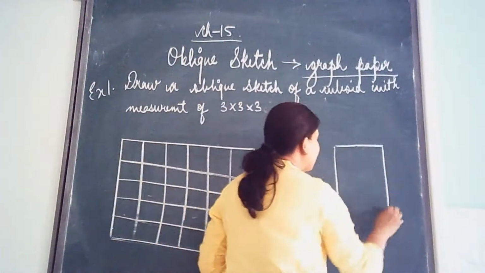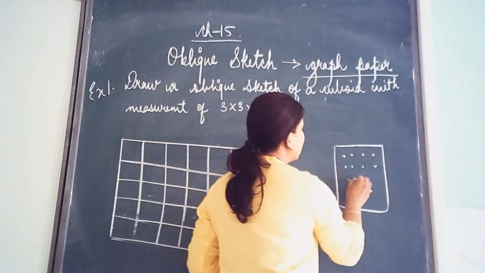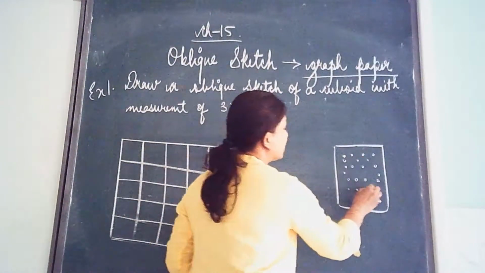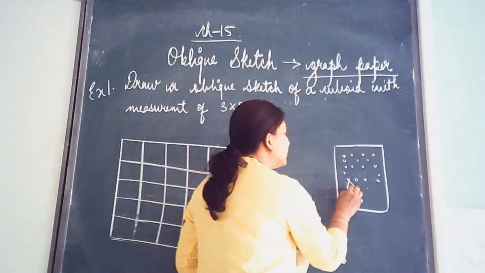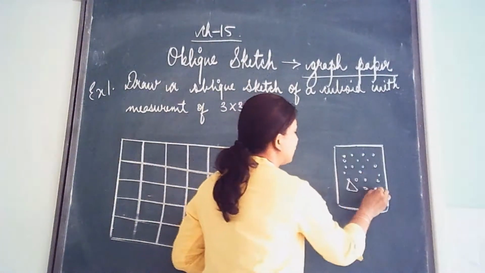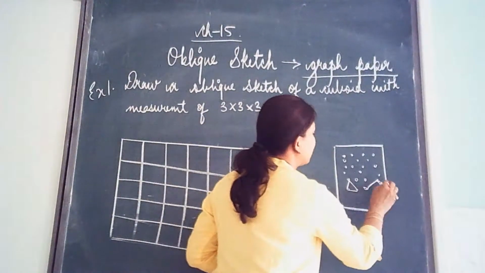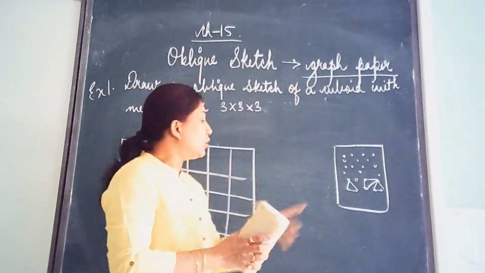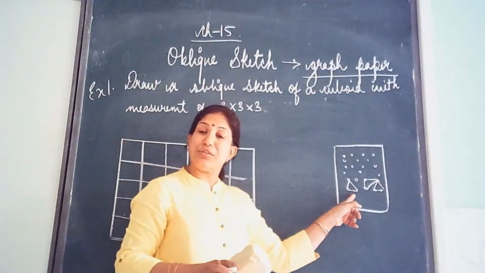It is something like this. You go to the stationery shop and you will see a sheet with dots. In some dot sheets the distance between dots is equal, so if you join the dots and form a triangle, it is an equilateral triangle.